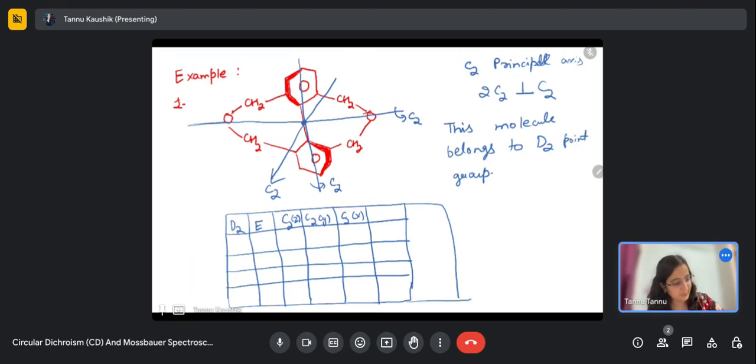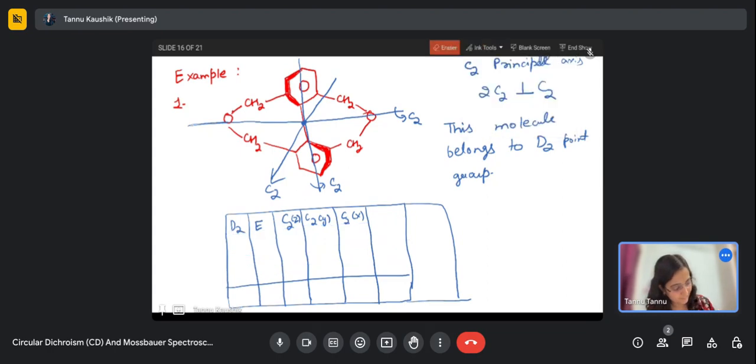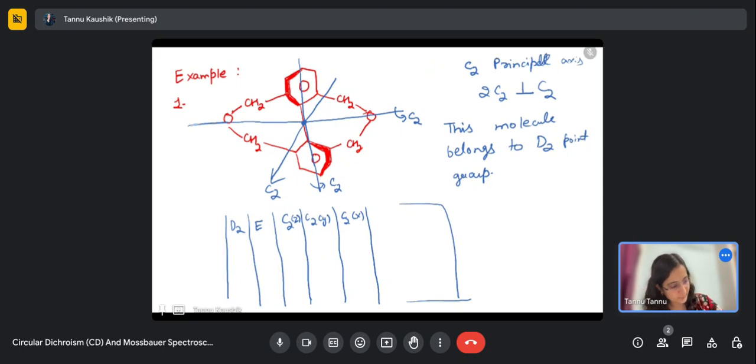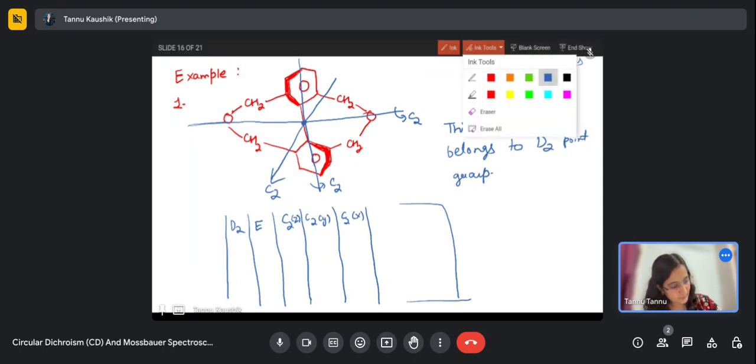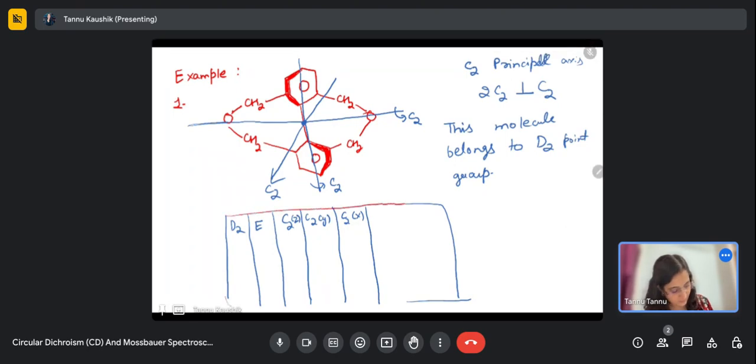In one of the columns, we write the linear functions.